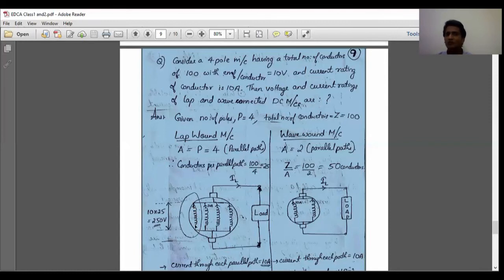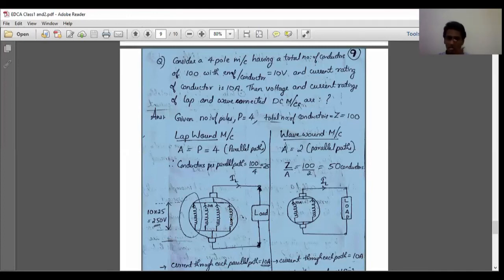So the current flowing through each conductor in this parallel path is the same, since they are connected in series. Clear? So the current flowing through this parallel path is 10 ampere. This parallel path will also be 10 ampere, this one is also 10 ampere, and this parallel path will also be 10 ampere.